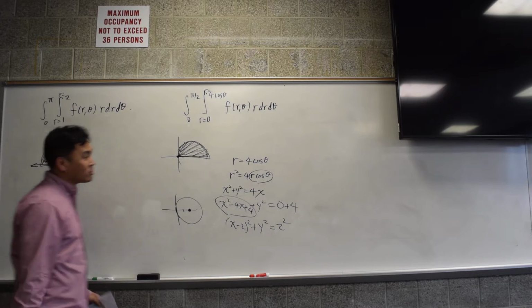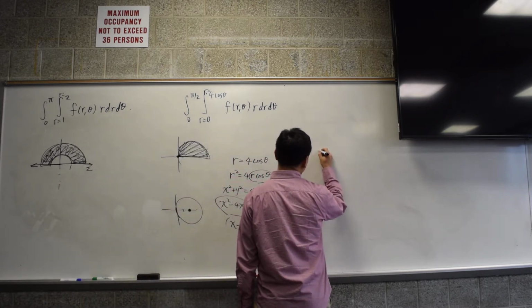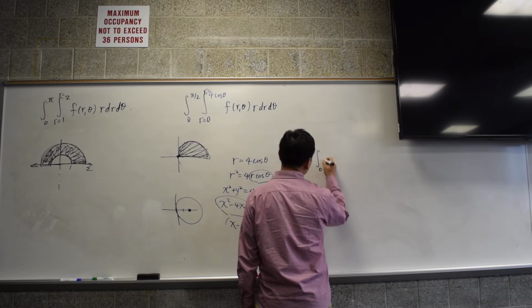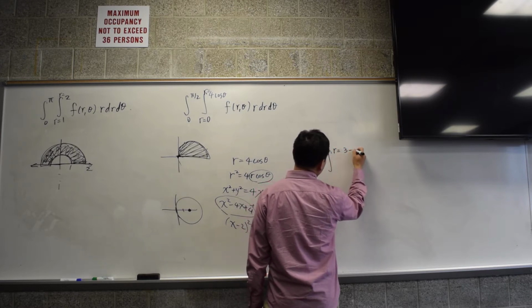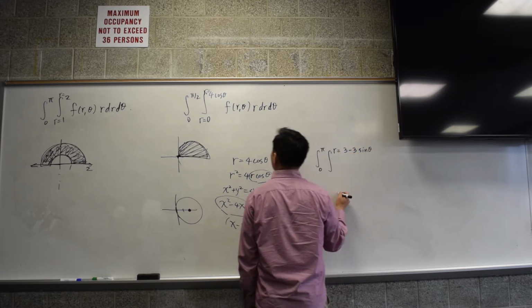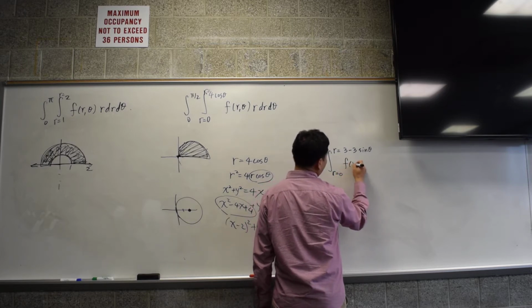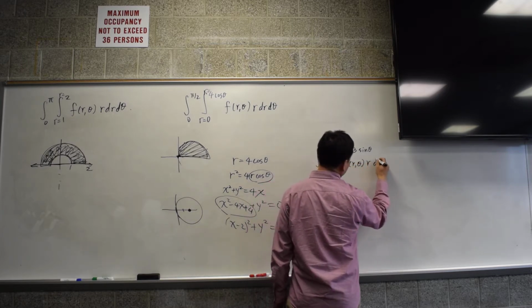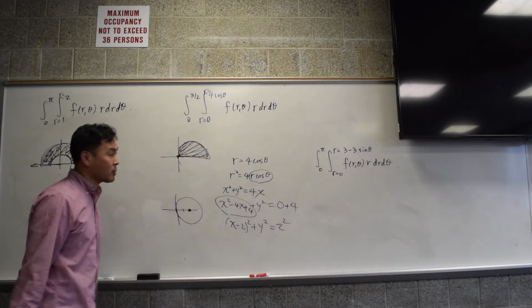Now, since you mentioned cardioid, let's just do one more, the cardioid thing. So if you had theta from 0 to pi, r from 0 to 3 minus 3 sine theta, with f of r, theta, r dr d theta, what's the domain of integration?